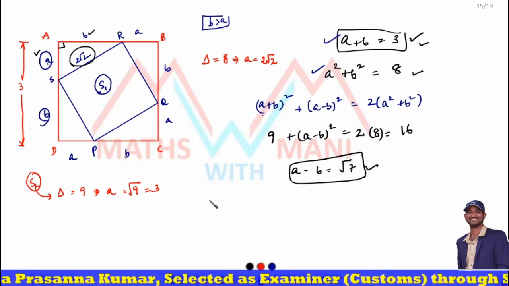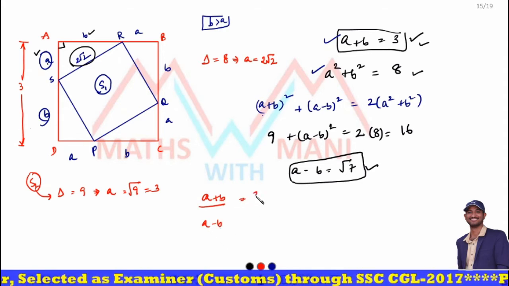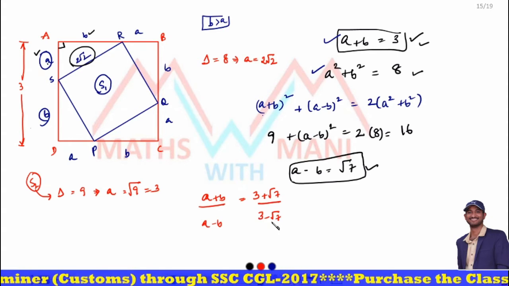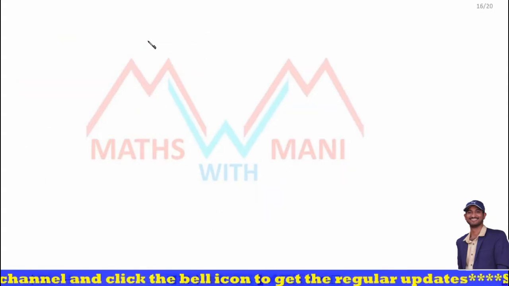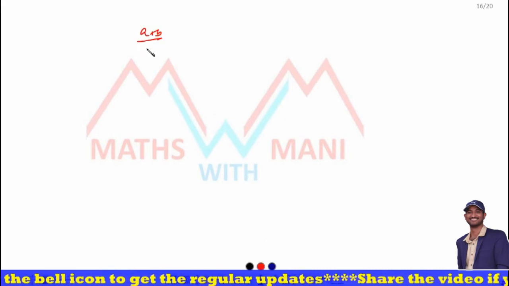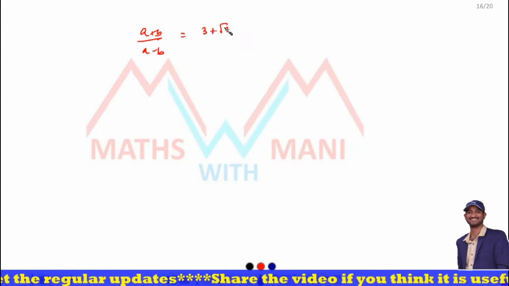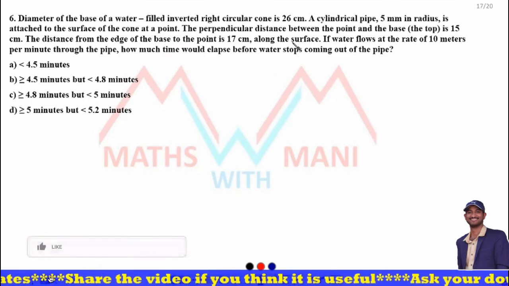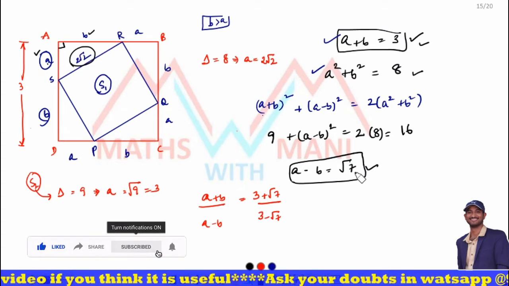Divide both the equations. (a plus b) by (a minus b) equals how much? Sorry, it is 3 by root 7.